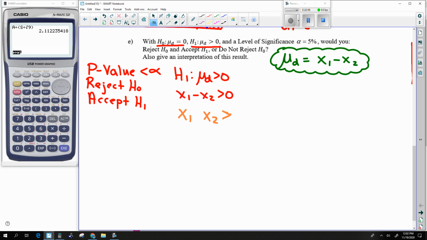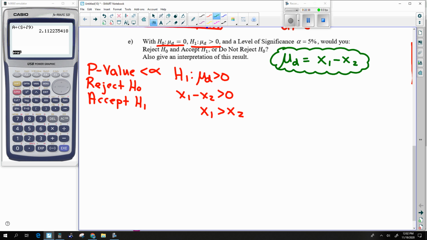I'm going to ignore the minus and the 0 for a second. When you come up with this statement, just take these numbers and slide them over. So x1 is greater than x2. That is the official mathematical quantification of this.